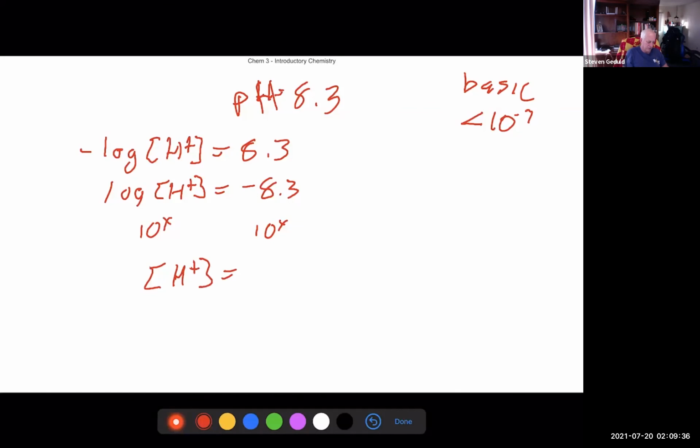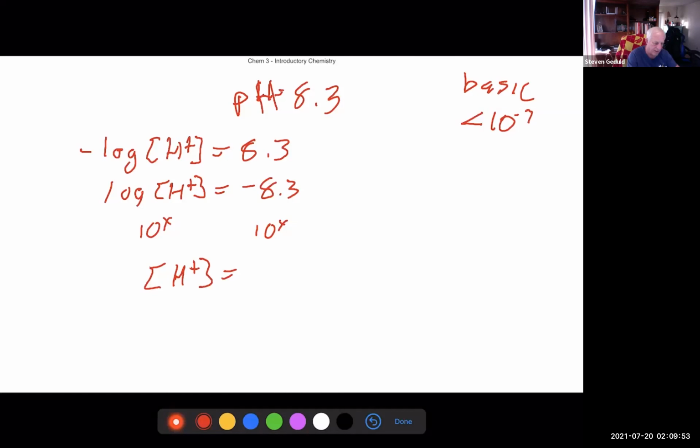So on our calculators, we turn it sideways and we hit 8.3, and then we change the plus/minus sign to negative, okay? And then we hit 10 to the X, which is usually right above your log key.